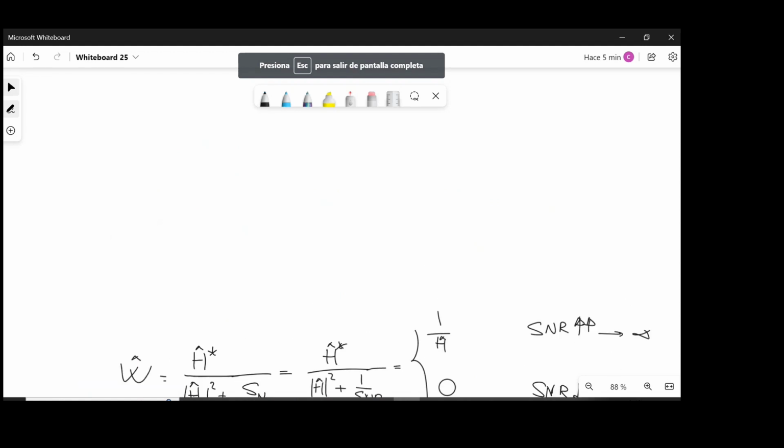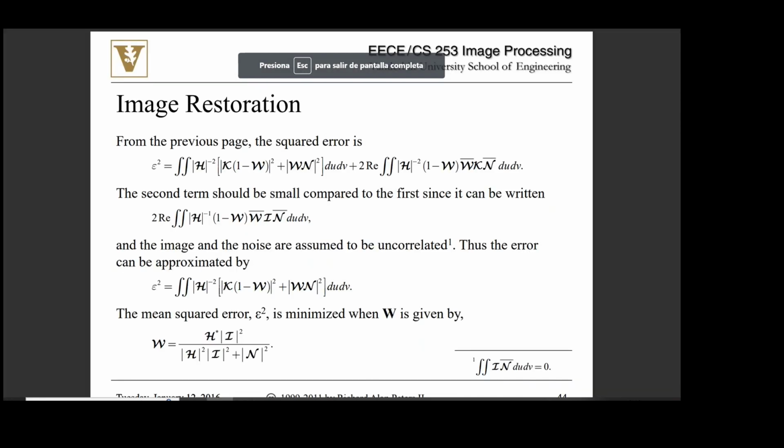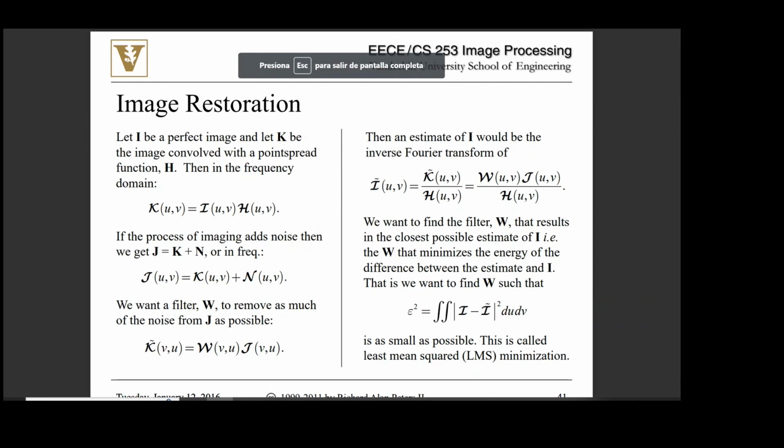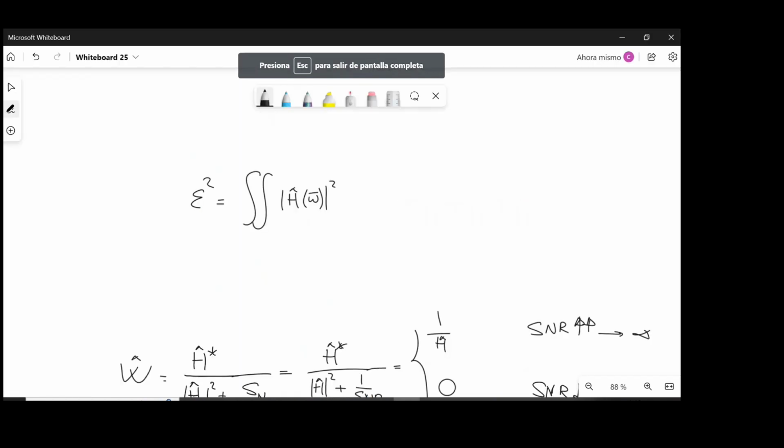We have here epsilon squared is the double integral of H. I will write now explicitly the frequency. It was I H. Okay. And then 1 minus 1.